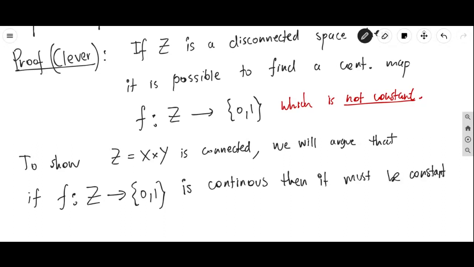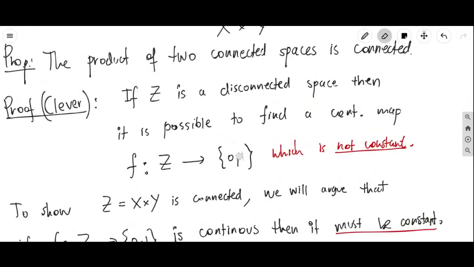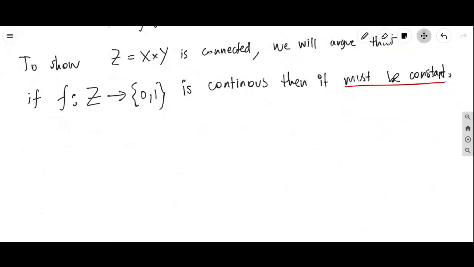So it either maps everything to 0 or it maps everything to 1. It's a very interesting way of thinking about connectedness. You can interpret connectedness on the level of mappings, and the number of components tells you how big you could make your discrete space.